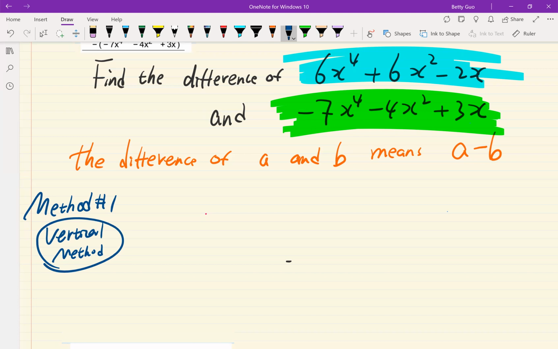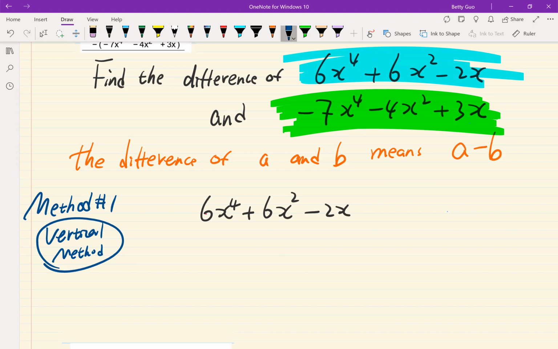Vertical method. Subtraction with the vertical method is a little bit challenging. I'll show you. You put the blue polynomial above, and you put the green polynomial below.